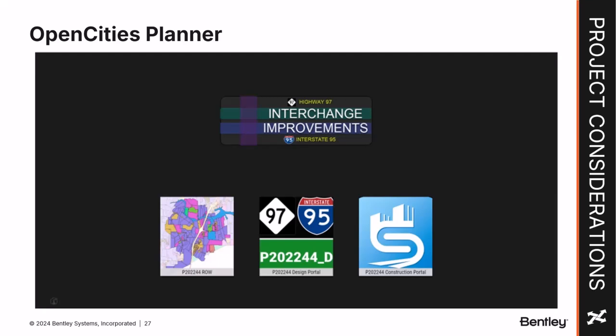And in this journey, it gives them just a landing page. Of course, it's managed through different security models. So maybe only the planners see planning, maybe only the design sees design or certain parts of it, depending on contract. And same with the construction. But if you were the owner of this, you might want visibility of everything. And we leveraged OpenCities Planner to curate a page to support that. Next slide.